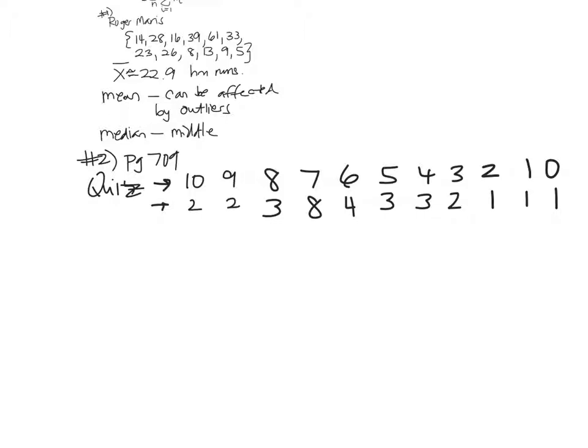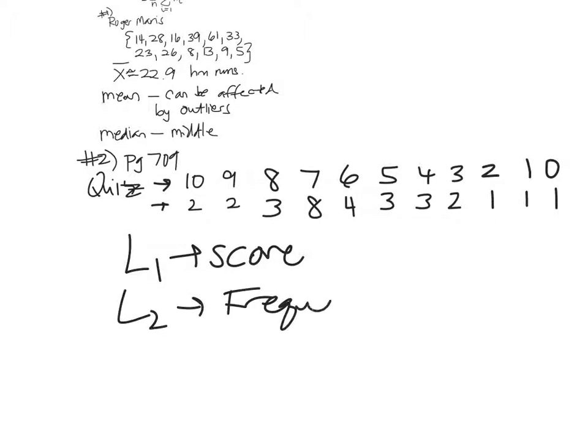Okay, so for L1, you're going to enter in the score of the quiz, and in L2, you want to do the frequency, how many times it occurred. You don't have to write 10, 10, 9, 9, 8, 8, 8. That would just be a waste of time. So L1 goes in the score. Let's do this together, okay? So stat edit. Clear that out.